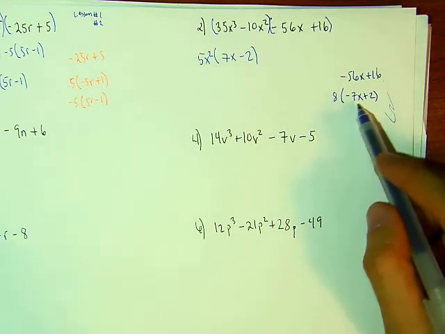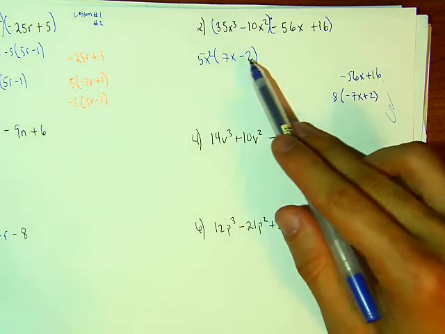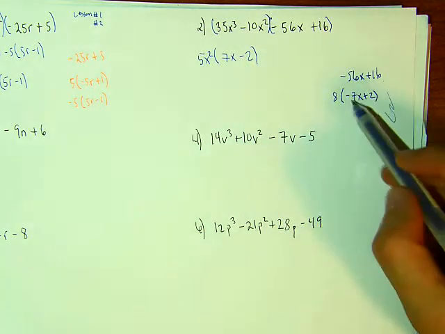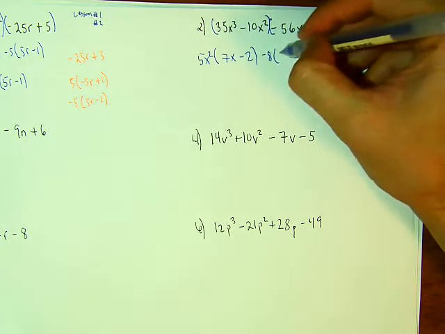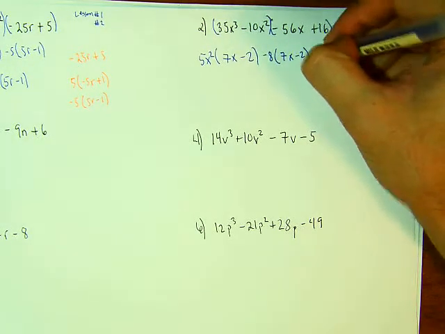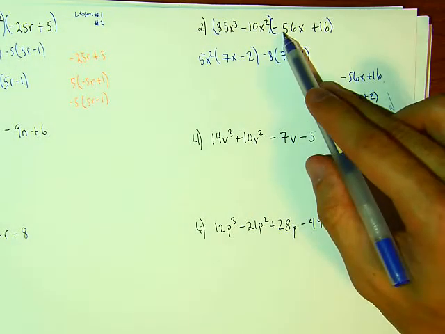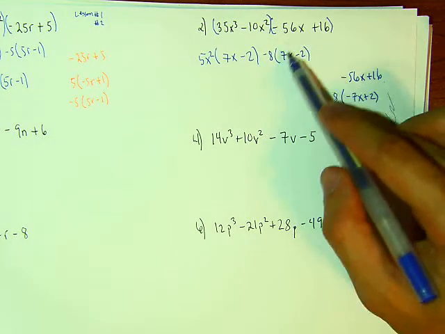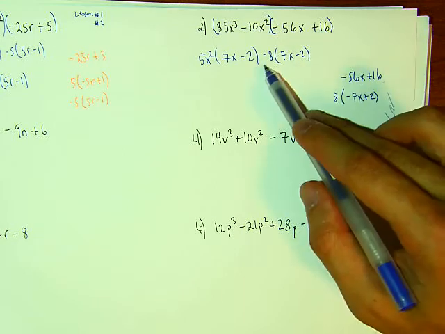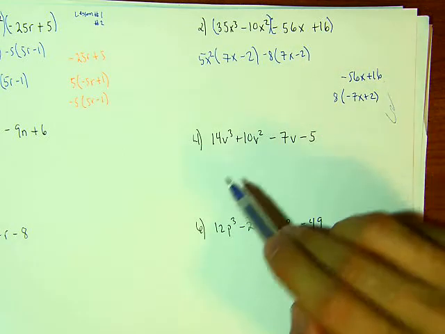And this doesn't help us, this negative 7x plus 2. We want a 7x minus 2. So instead of taking out 8, take out negative 8. And then you'll get your 7x minus 2. Because negative 56 divided by negative 8 is 7. And the x stays. And 16 divided by negative 8 is negative 2.